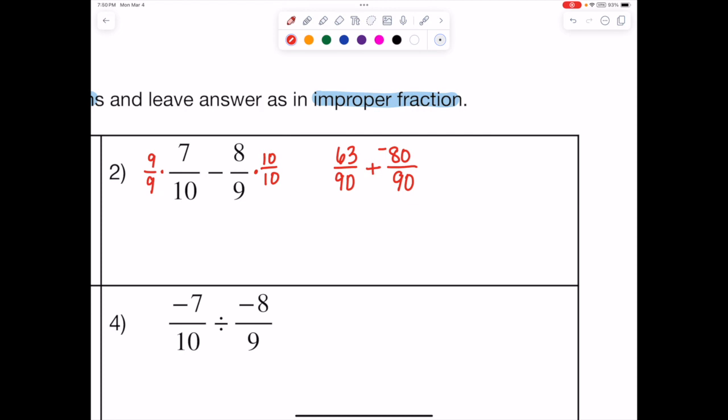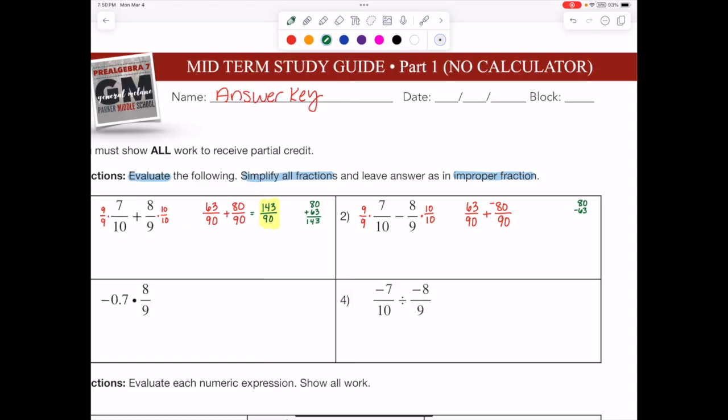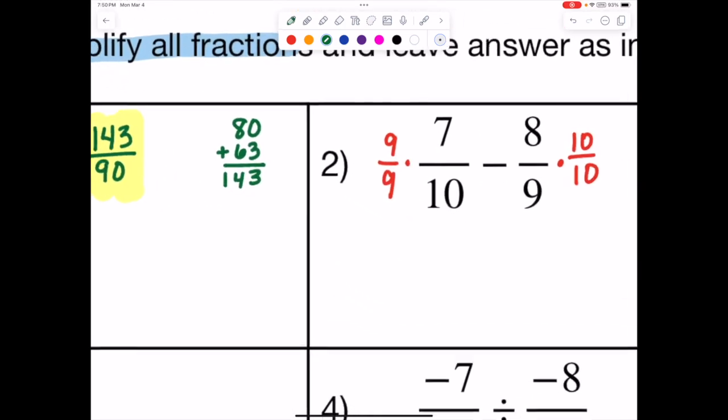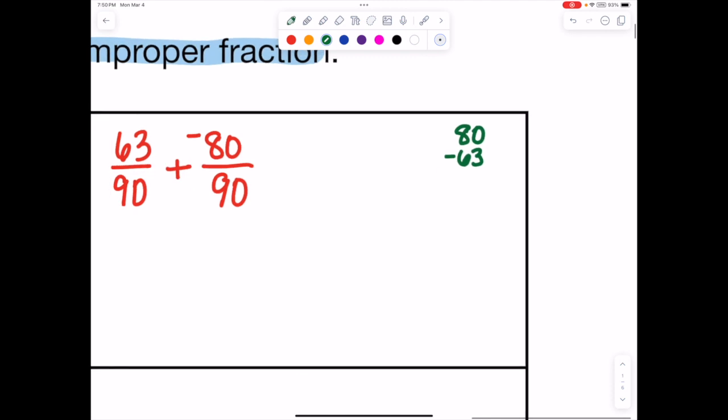Either way, we have a negative number and a positive, so we think through our song: different sign subtract, keep the sign of the bigger number, then you'll be exact. So we have 80 minus 63. Did we do this over here already? Not quite, we did 80 plus 63. Different sign subtract.